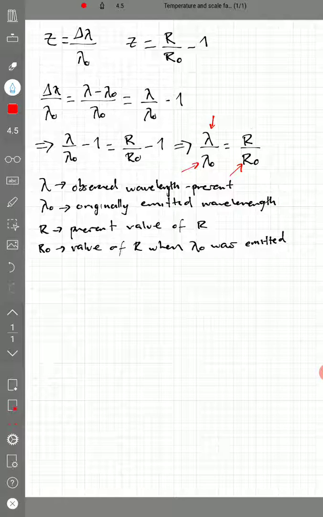So the ratio of present wavelength up here to emitted wavelength down here is equal to the ratio of the present value of the scale factor over the value of the scale factor when the wave was emitted.